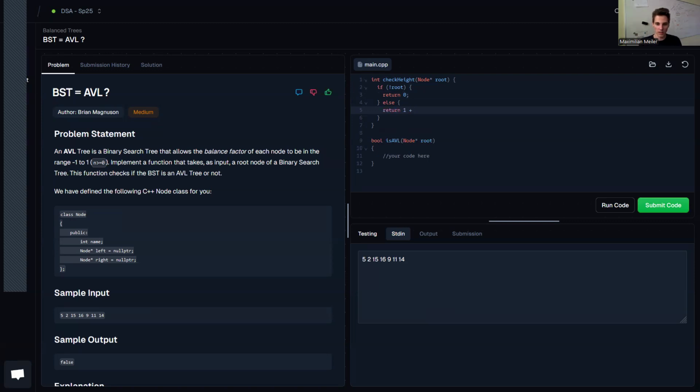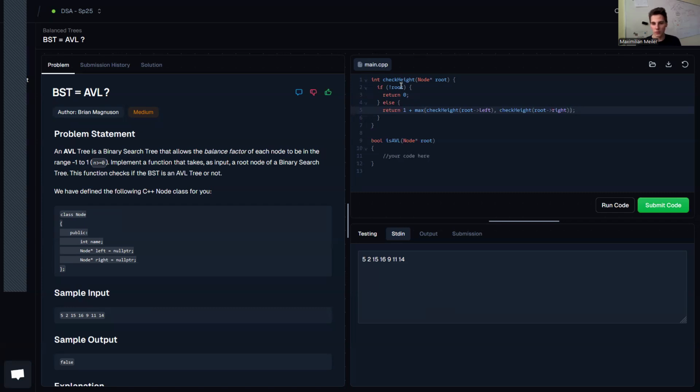1 plus the maximum of the height of the root's left subtree and the height of the root's right subtree.